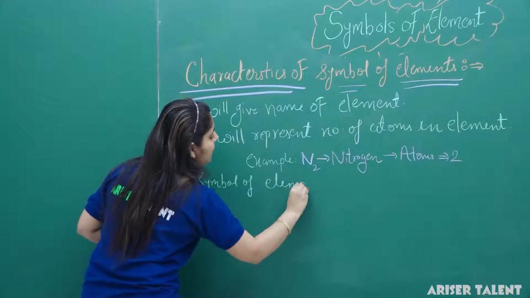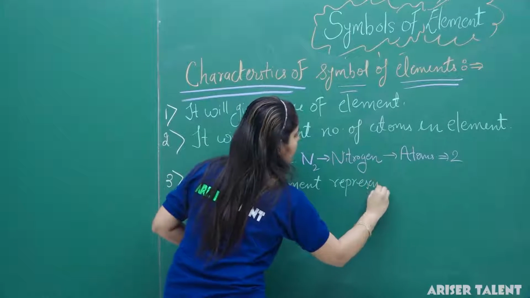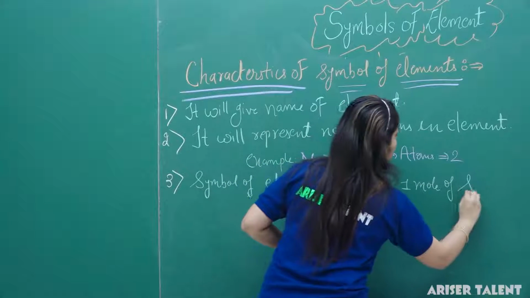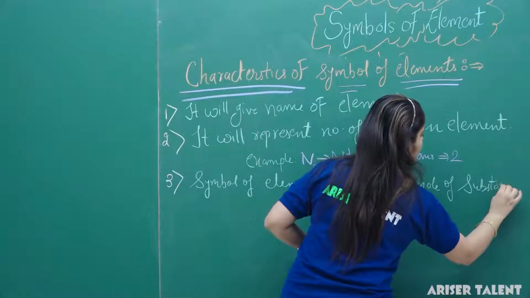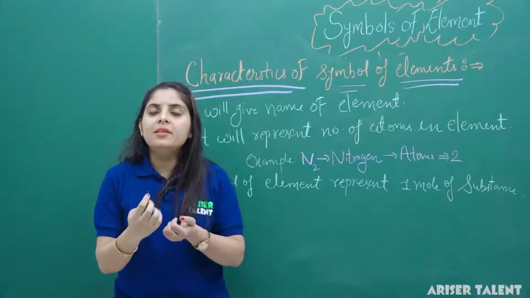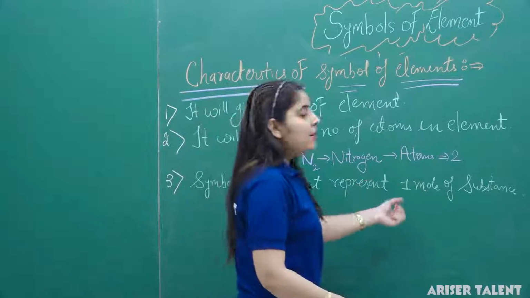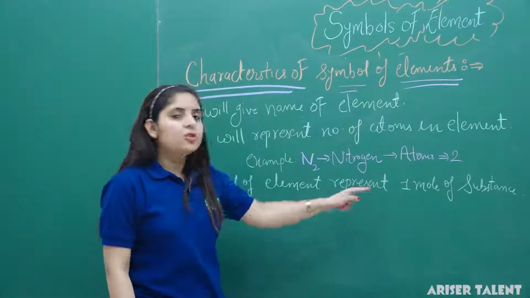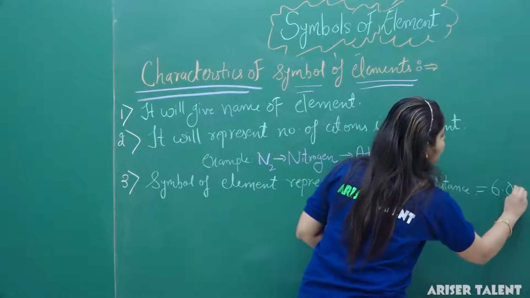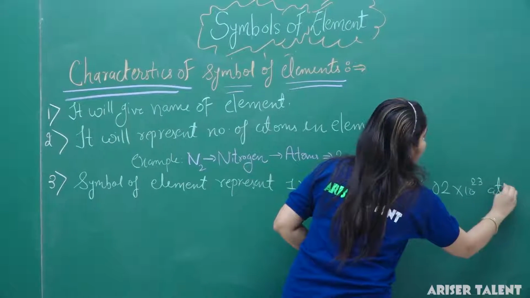What exactly 1 mole of a substance is, we will learn in further classes after discussing the mole concept. But here I am telling you what 1 mole of a substance is. 1 mole of the substance is equal to 6.02 into 10 raised to the power 23 atoms.